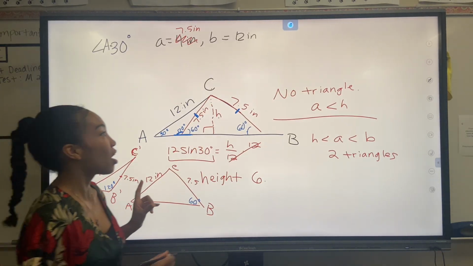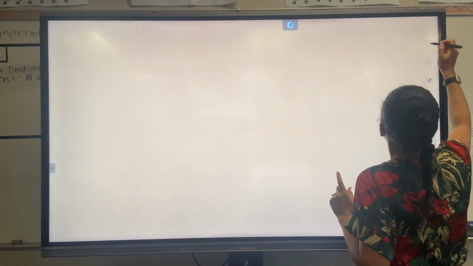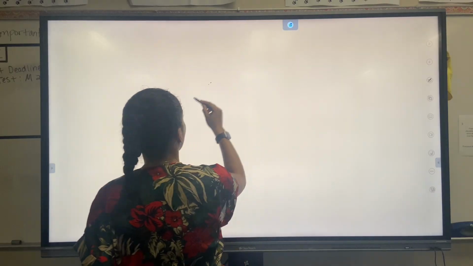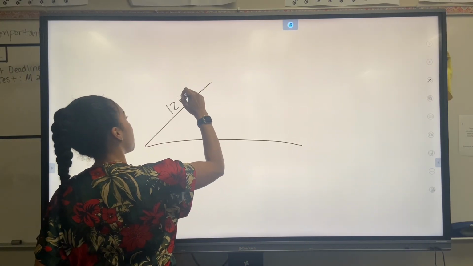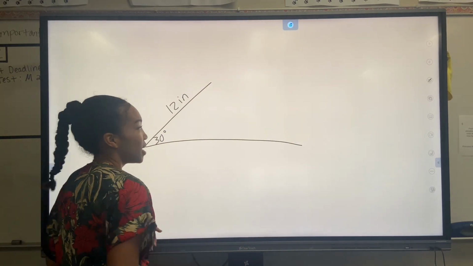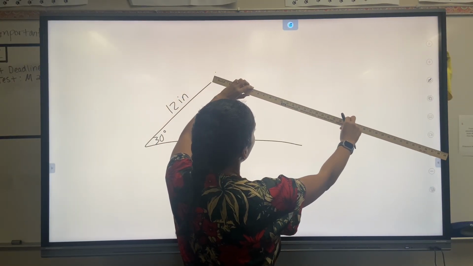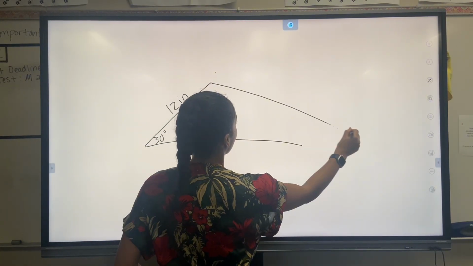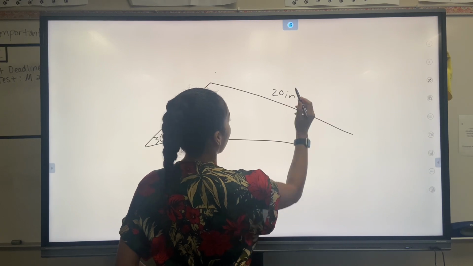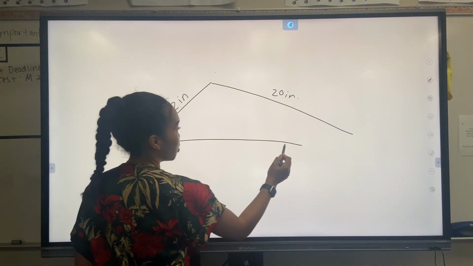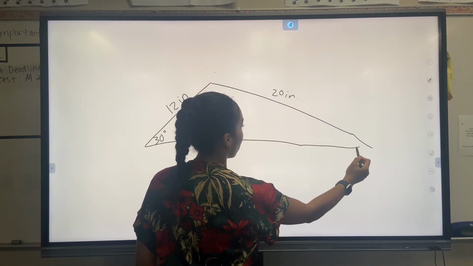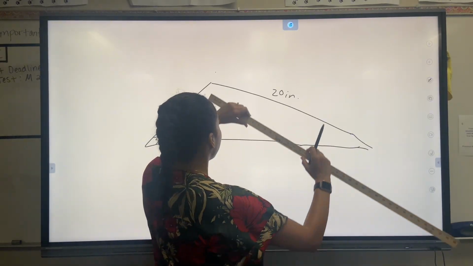All right, moving on. The other instance that you can have, where this was 12 inches and this was 30 degrees, is if this side is way longer. Let's say that it is 20 inches. That means this will definitely close. I don't know how long this other side is, but it will definitely close.